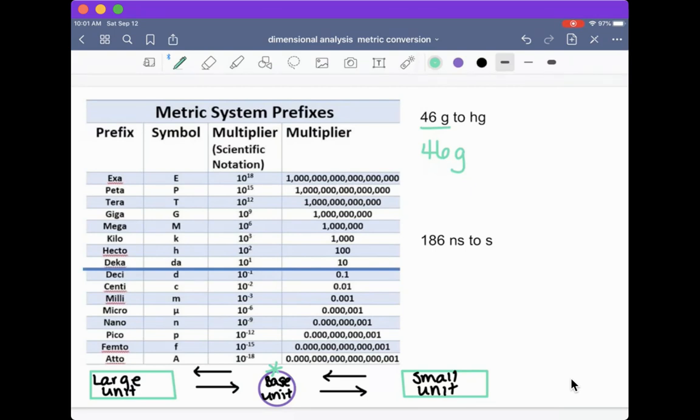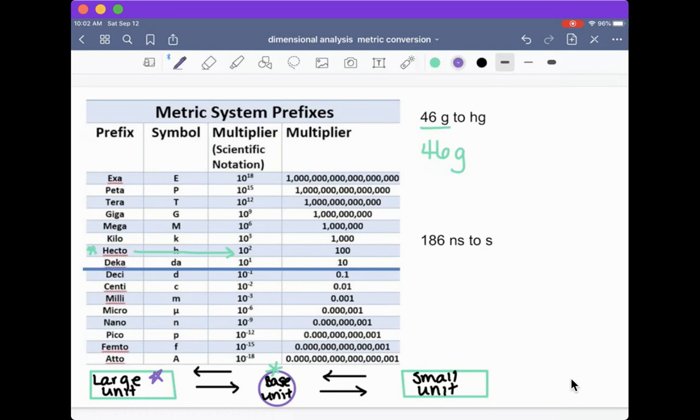Now it wants us to go into Hg, so hectogram. So I look on my chart and I notice here is the hectogram right there. There's the H, so I know that that's right. And we know that it's a larger unit. So we're going to end up here. Okay, so I want to get from the base unit to the large unit.